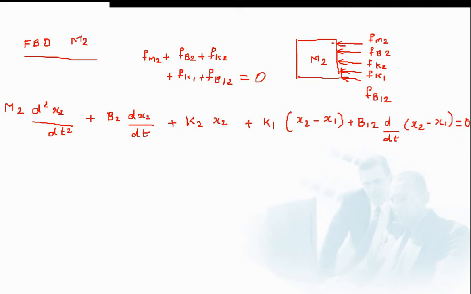So on replacing displacement by velocity, we can write the dynamic equation of the system, that is the first equation and second equation with respect to m1 and m2.